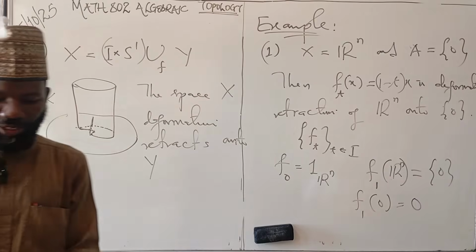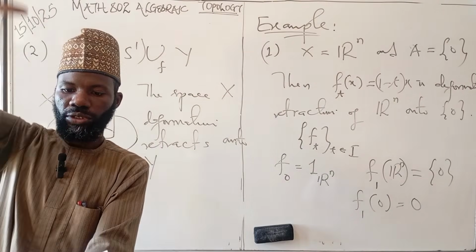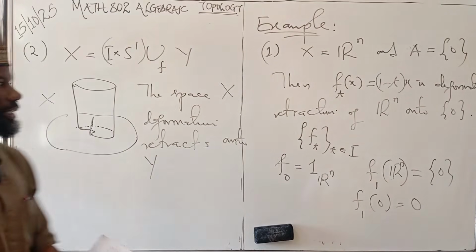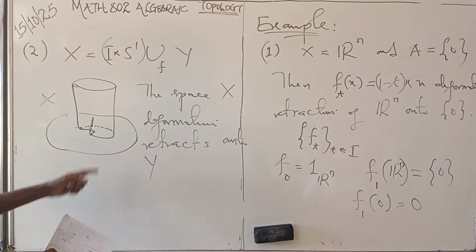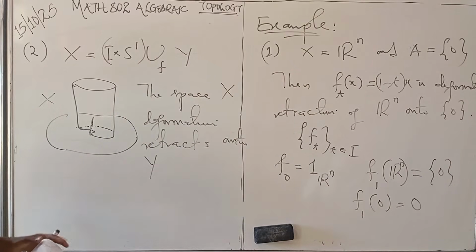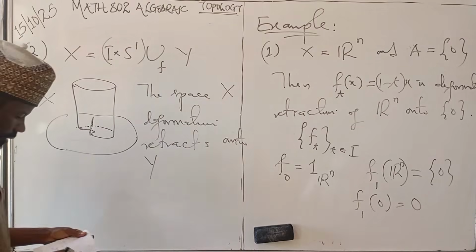If you have a cylinder on top of a space, you can collapse it down. In fact, this is general. It doesn't have to be a cylinder here, but it's a practical way of demonstrating this thing using a cylinder.